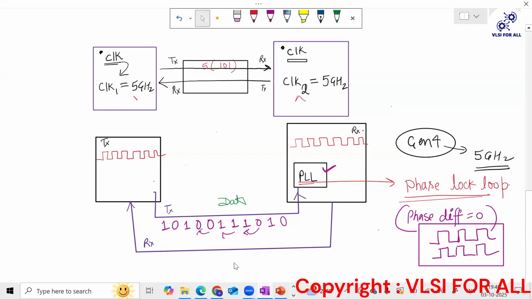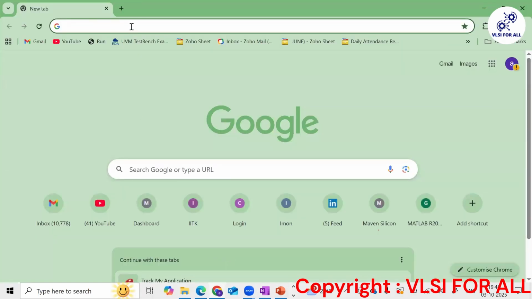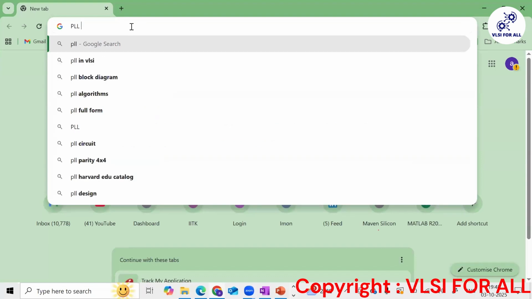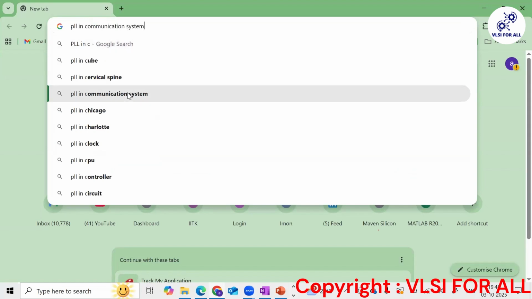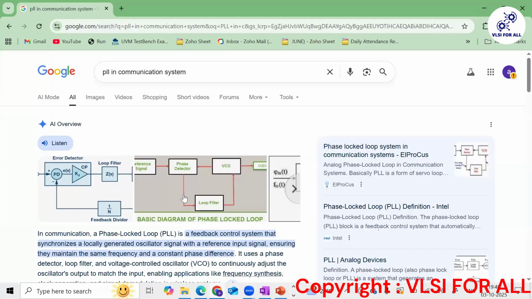If you simply search for what this PLL is, you will get to know. Even if you simply write PLL in communication, you will get to know it has a loop filter and so on. It's a very complex block.